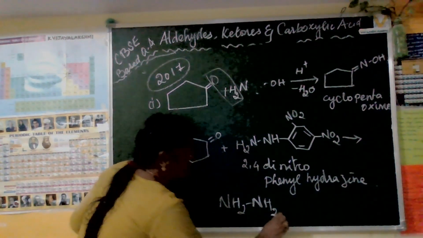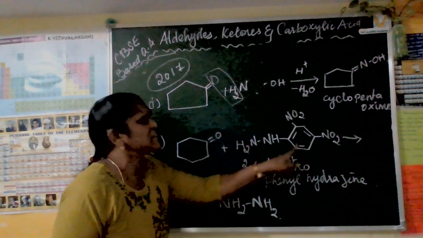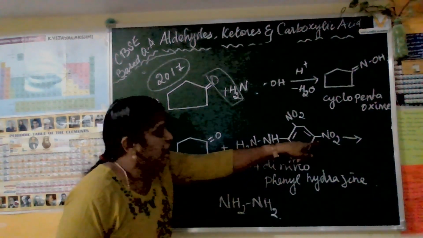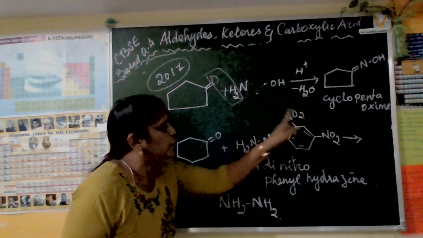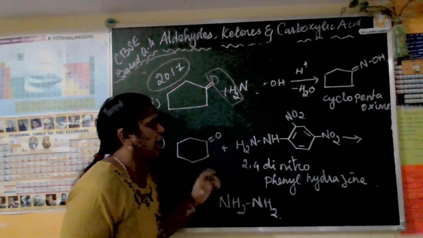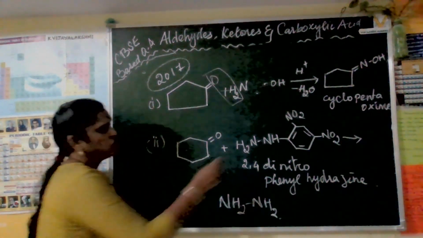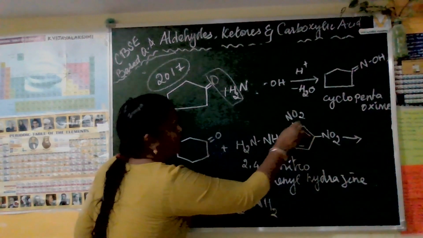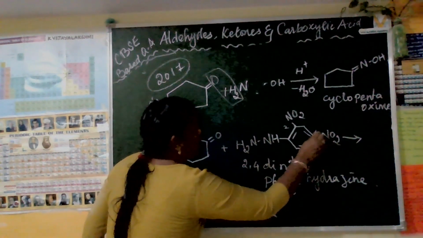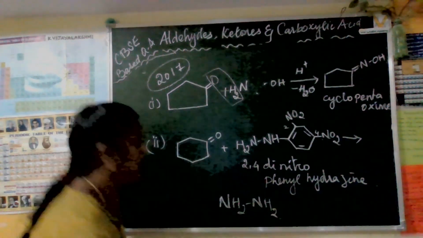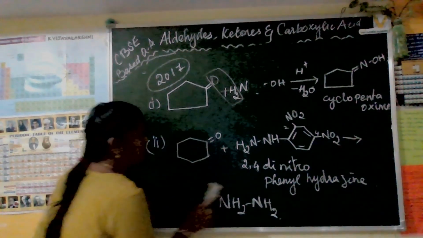Now a phenyl group is attached, so it is phenylhydrazine. The nitro groups are attached at positions 2 and 4 of the phenyl ring, so you get 2,4-dinitrophenylhydrazine.